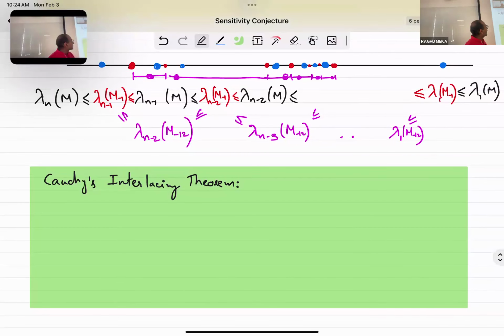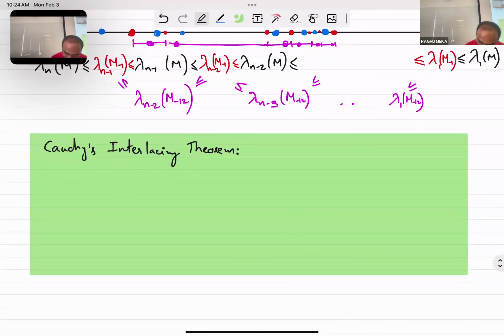So for instance, if I had to compare those of M minus 1, 2 and M, I know that lambda n minus 2 is at least lambda n, and lambda n minus 2 is at most lambda n minus 2. Lambda n minus 3 is at least lambda n minus 1, because I go like this. You can change some of these inequalities and you get the following. M is a symmetric n by n matrix.